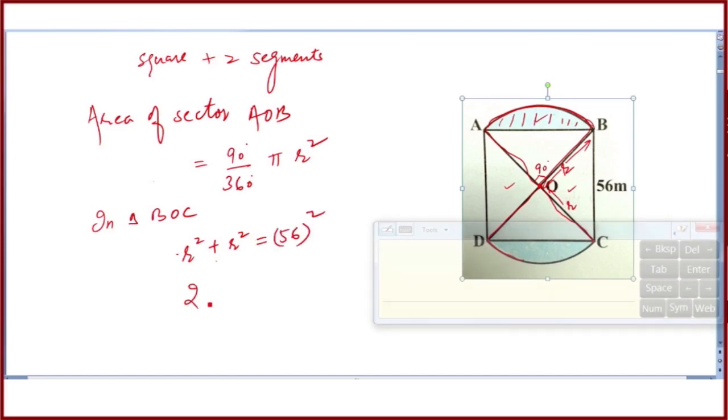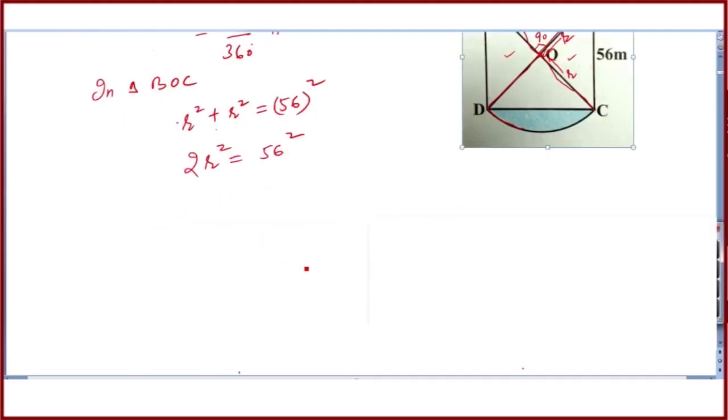So 2r square is equal to 56 square, and r square will become 56 into 56 divided by 2. So r is 56 by root 2. In other words, this is 28 root 2 and the unit is meter.